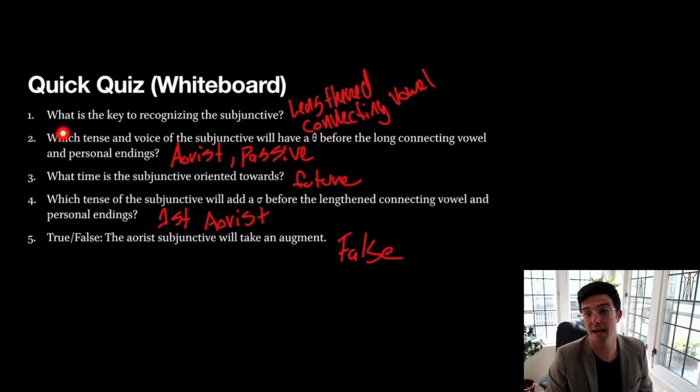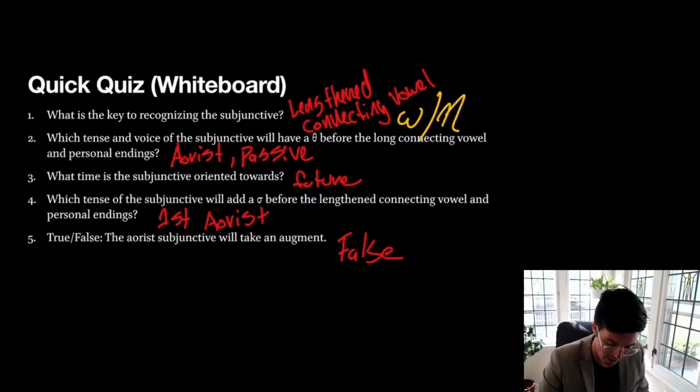The key to recognizing the subjunctive is the lengthened connecting vowel, namely an omega or an eta. We're going to see this omega or this eta in all of the forms of the subjunctive. The tense and voice of the subjunctive that will have the theta before it is going to be our aorist passive. So the present passive is not going to use this theta. It's only going to appear in the aorist passive subjunctive.